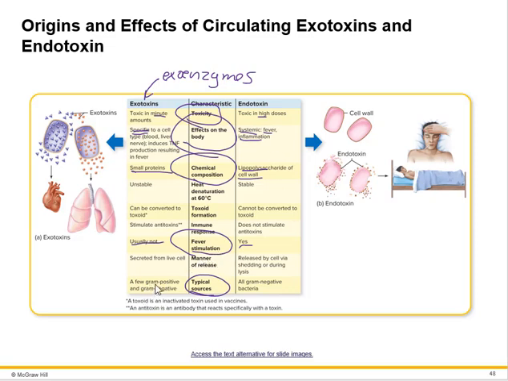The typical source could be gram-positive or gram-negative for the exotoxins, but it's usually only gram-negative bacteria that will produce endotoxins. So make sure you can differentiate between exotoxins and endotoxins. This will most likely be a matching question.